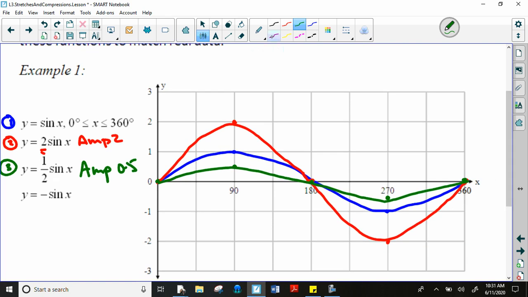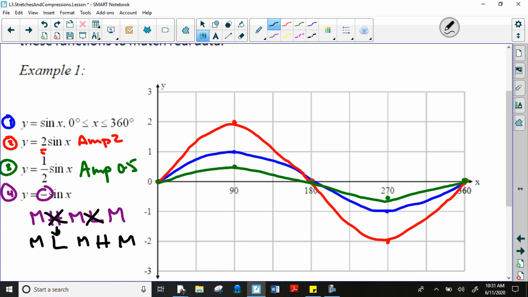Okay. Now, with the fourth example, we've got a situation where we have a reflection. So instead of our pattern being middle, high, middle, low, middle, these are going to change. And it's going to become middle, low, middle, high, middle, because we've got a reflection happening.